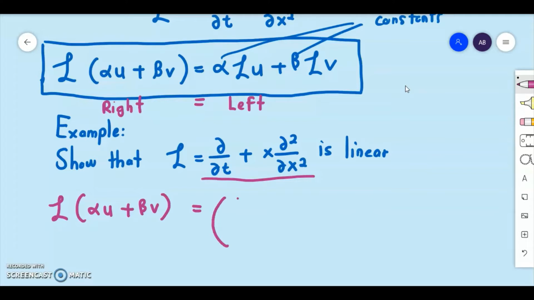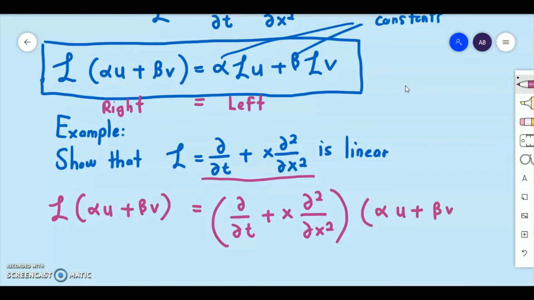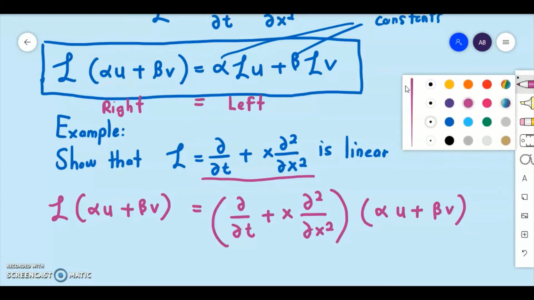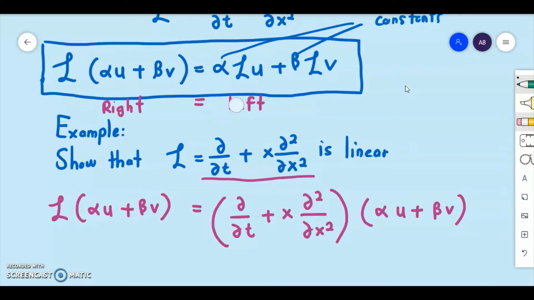So what do I have? Partial over partial t plus x partial squared over partial x squared. That's my L. And then I have alpha u plus beta v. Sorry, I've written it wrongly. On my screen, I got left and right confused here, because I should look at my screen.